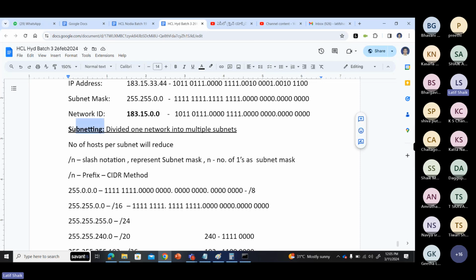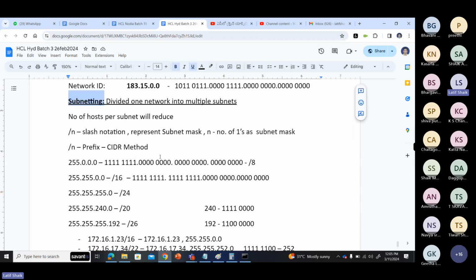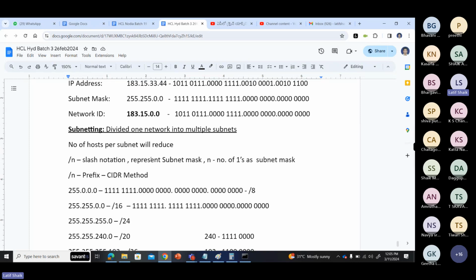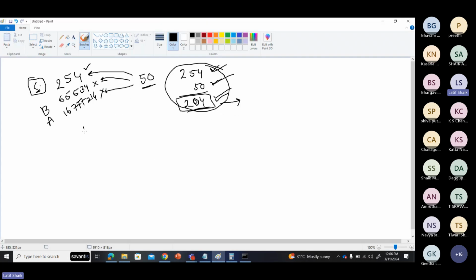So the subnetting concept is introduced to reduce the number of hosts per subnet. So what is subnetting? Divide one network into multiple subnets.